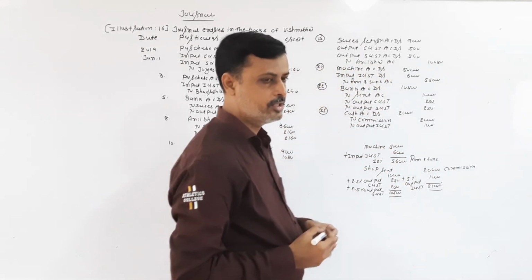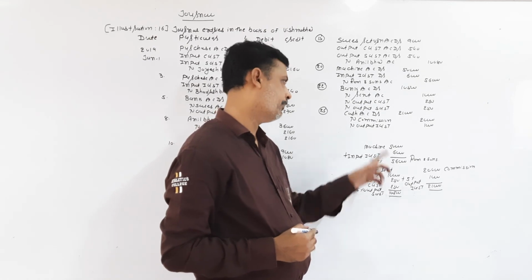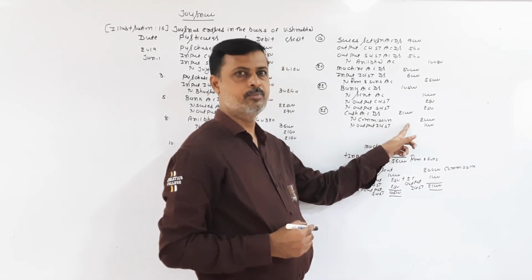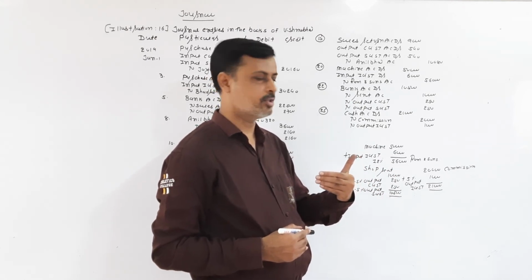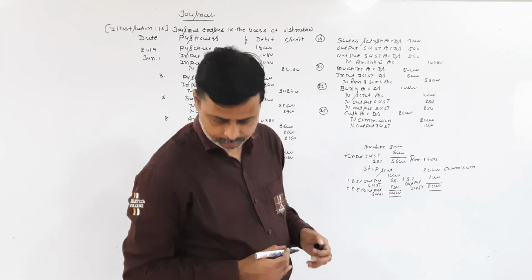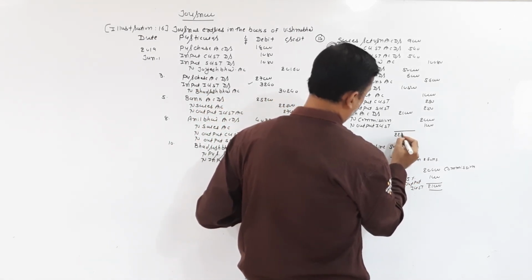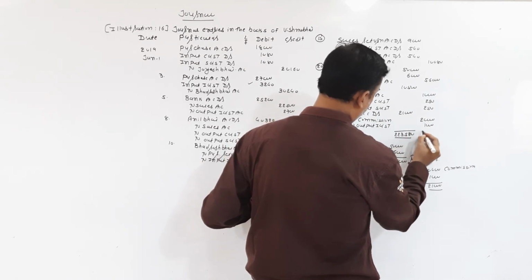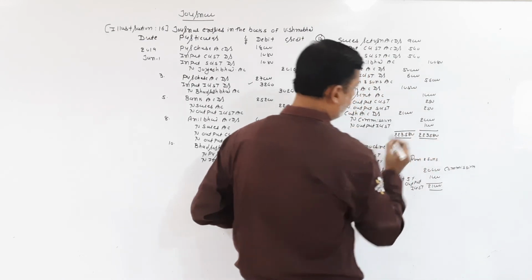So commission received, so cash comes in, so cash account debit. Commission is our income, so commission account credit. And here we recovered GST from customer, that is our income, 1,000. Now total 2,23,580, 2,23,500.